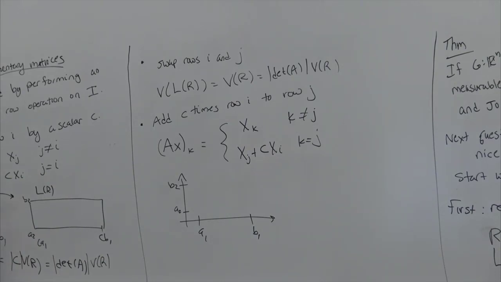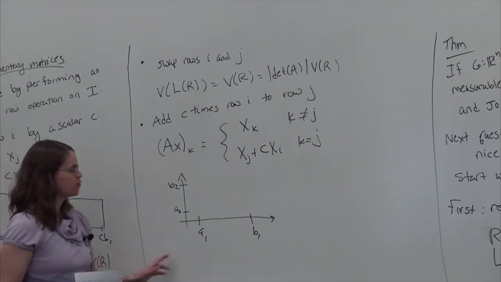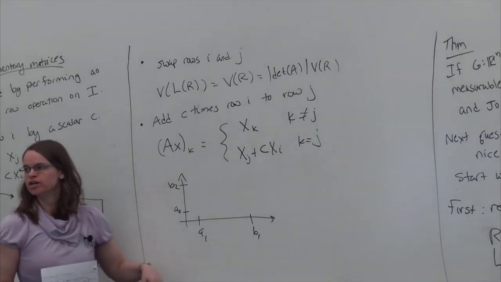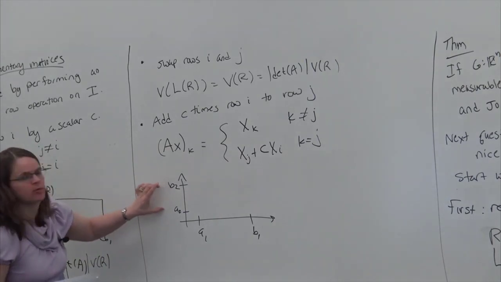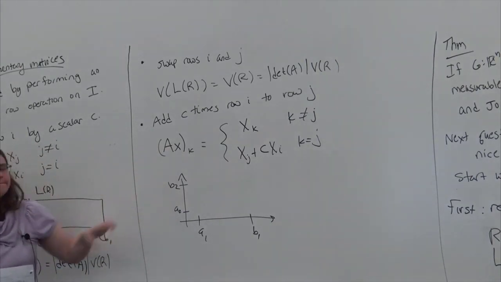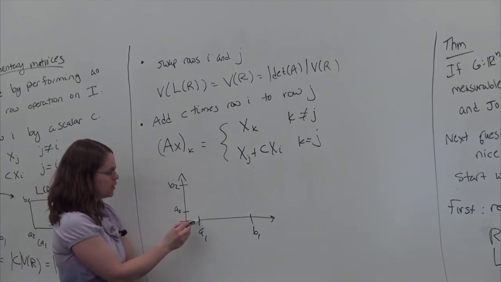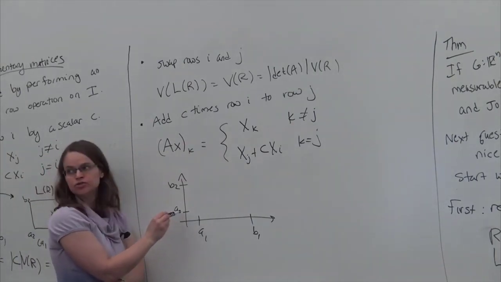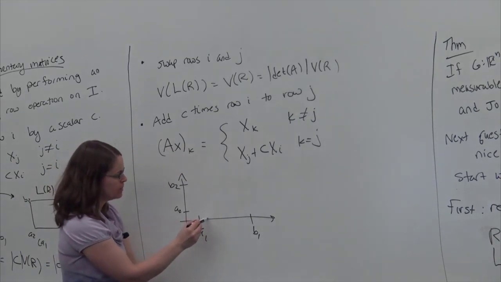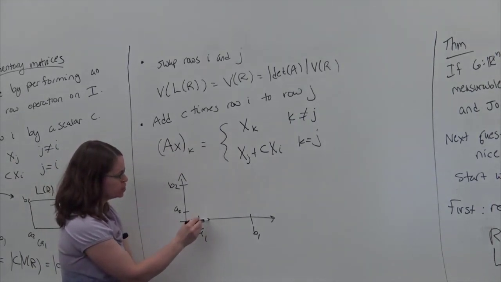Along most of the dimensions, nothing at all is changing. So maybe this dimension is where things are going to change. Everything else stays the same, so we're still going to be stuck between A2 and B2 everywhere. All right, now I come to here. Previously I was at A1. Now I'm going to add C times A2 to that. So my base is going to shift a little bit.